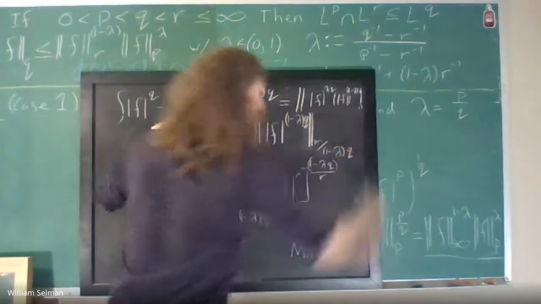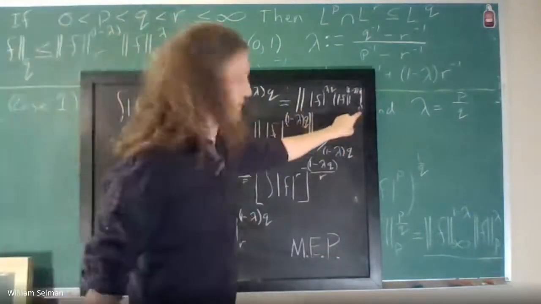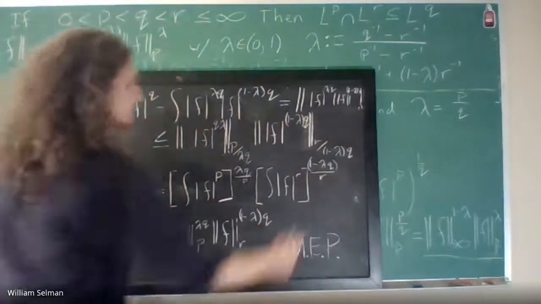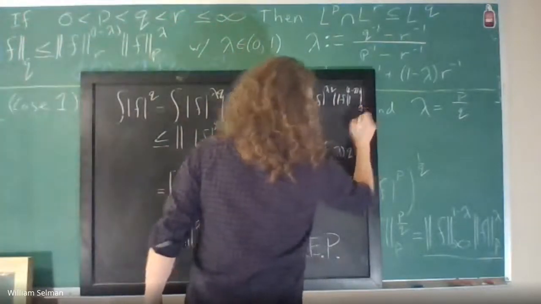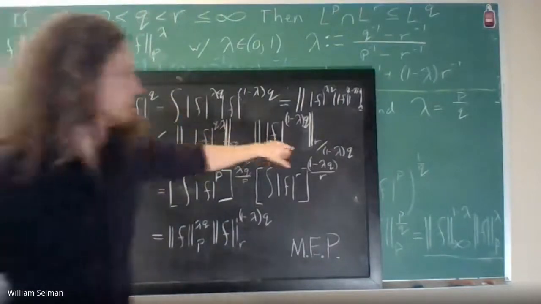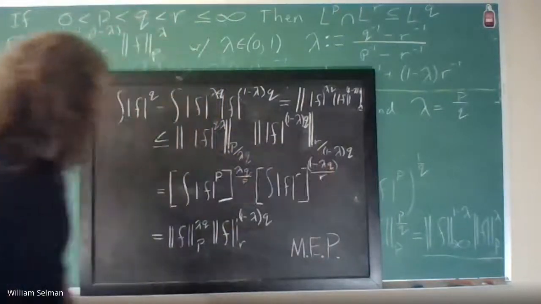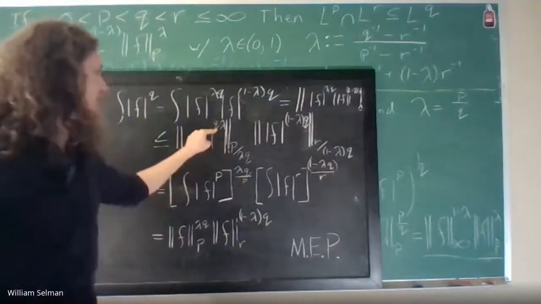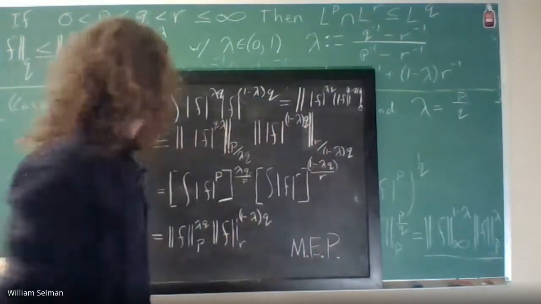This is just the L1 norm. So little 1 there. Ran out of space. So because this is just the L1 norm, we can then split it up using Holder's identity, using the conjugate exponents with our f to the q lambda and f to the q 1 minus lambda.